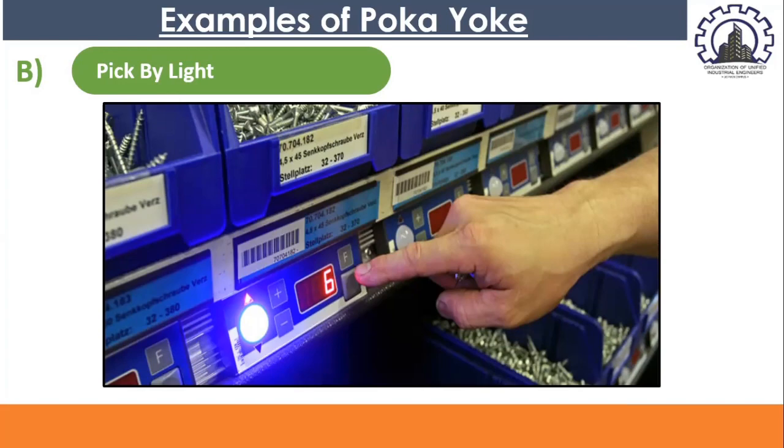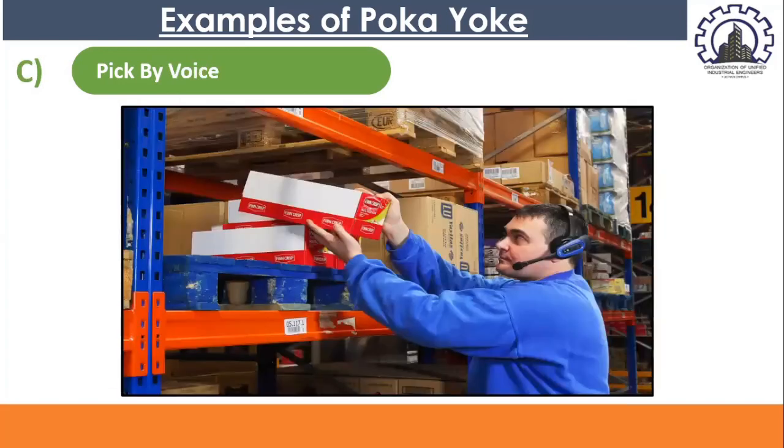And another example of Poka-yoke is what we call pick by voice. Now, this system is similar to pick by light, but it uses the sense of hearing to gain the operator's attention rather than lights. So as you can notice, each operator wears a headset and is provided with the necessary information to know what to pick, in what quantity, and where it is located.